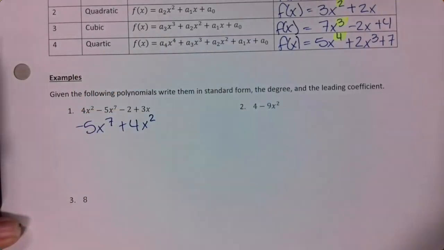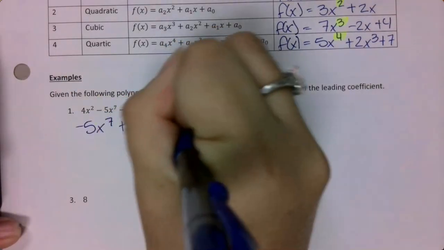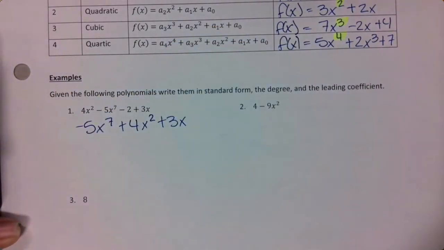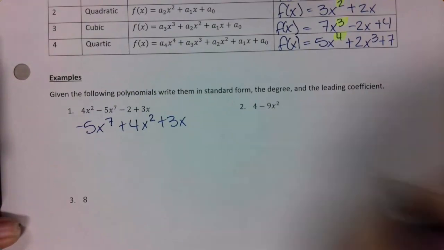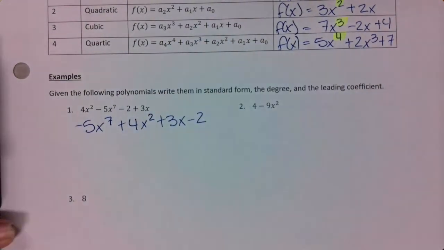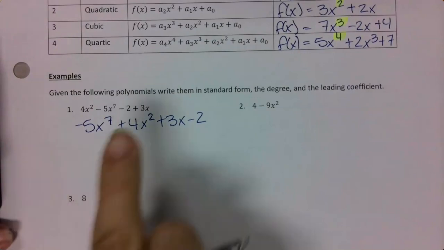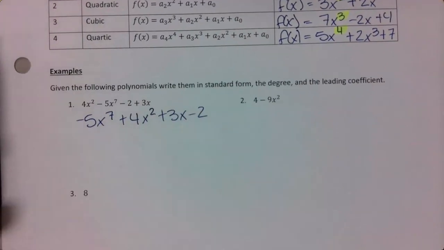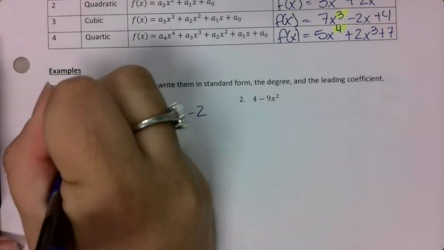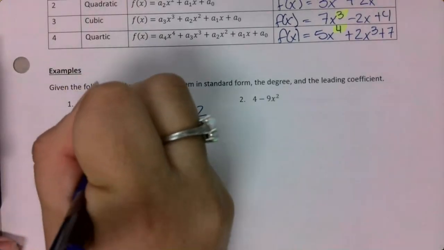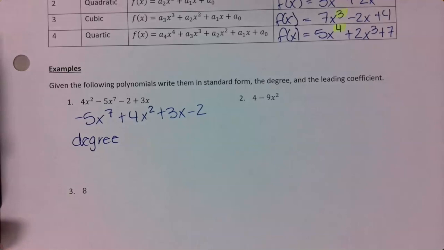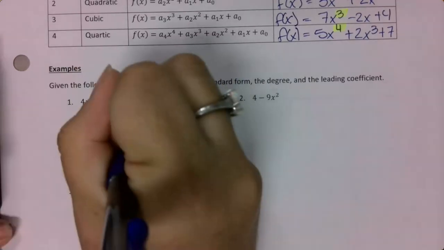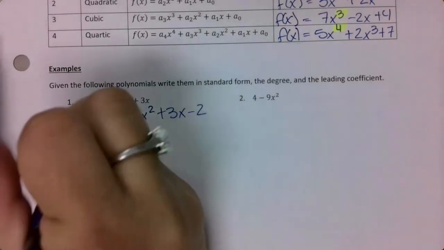And the next one, x, so I'm going to put 3x, and then minus 2 goes at the end. So that is in standard form because it goes highest exponent to lowest. What is my degree here? 7. And then my leading coefficient.